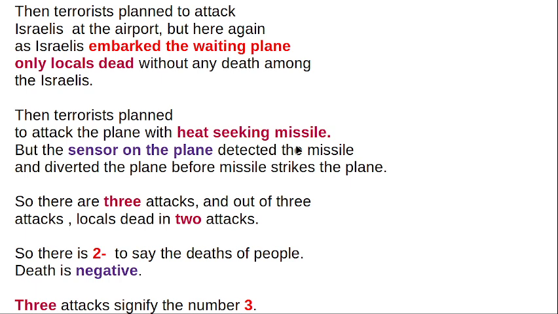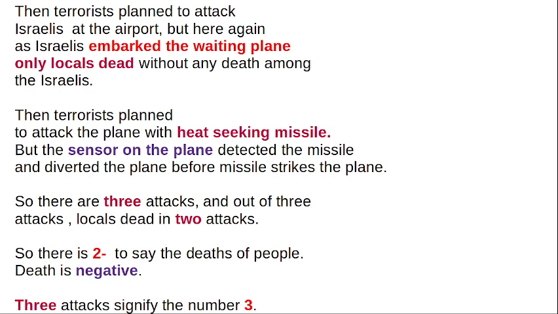But all Israeli planes were equipped with sensors. So when one particular sensor of the aeroplane detected the heat-seeking missile, the aeroplane simply deviated its path. Thereby, the heat-seeking missile missed its target. In that way, the Israeli tourists were saved.